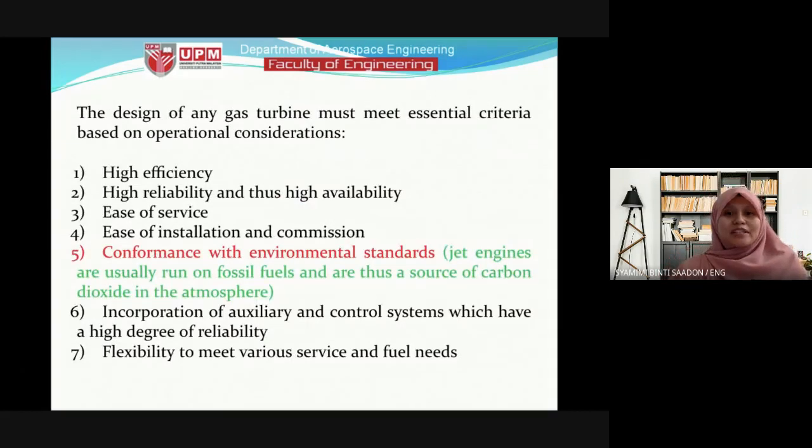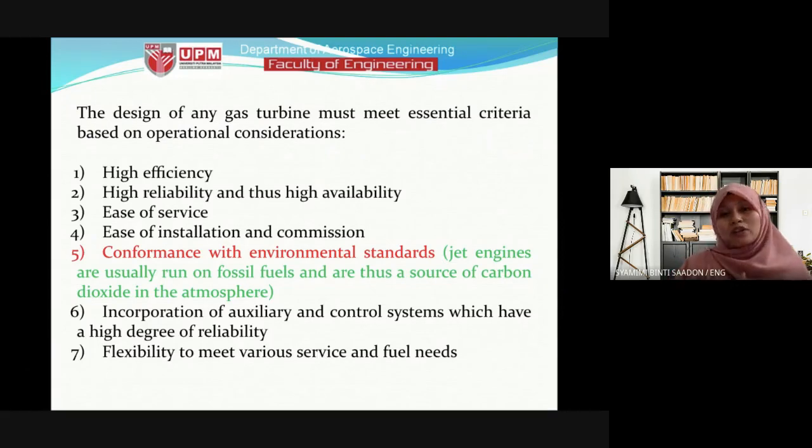The essential criterion we are looking at in the design of any gas turbine engine is high efficiency. Of course, we want to achieve high efficiency so that we can save fuel and produce more thrust. That is normal. Later on in chapter 2, we will see exactly which efficiency we are talking about in this aircraft engine.